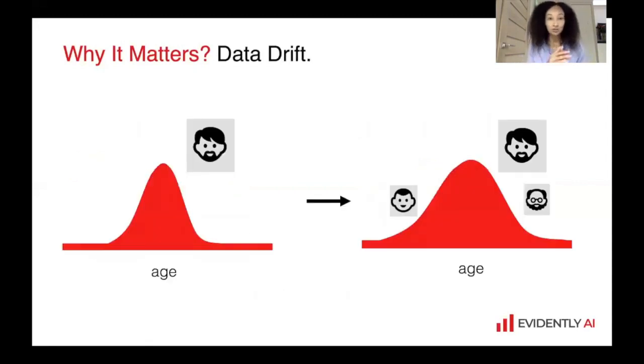And I would like to move to data drift. This is the situation where your target can stay the same, so your concept does not change, but your data changes. It might happen for different reasons.